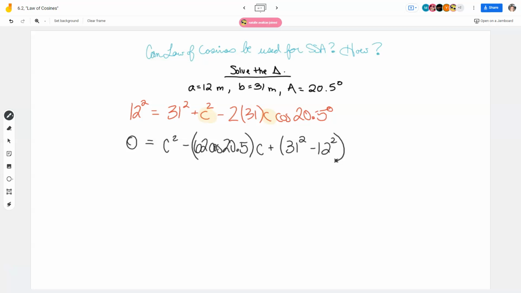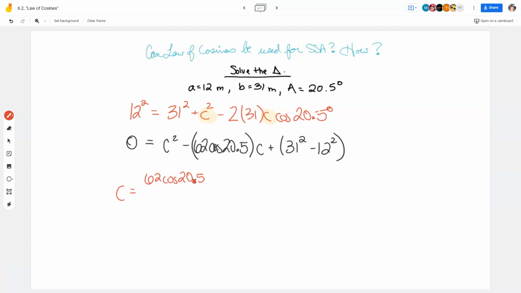Question. How do I solve a quadratic? If you say factoring, I'm like, do you really want to? We don't know how to factor here, but I do know the quadratic formula, and the quadratic formula says C equals negative b. Remember, we're trying to be efficient with our resources and not have super nasty decimals everywhere.